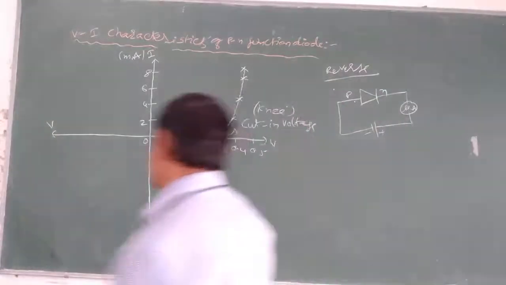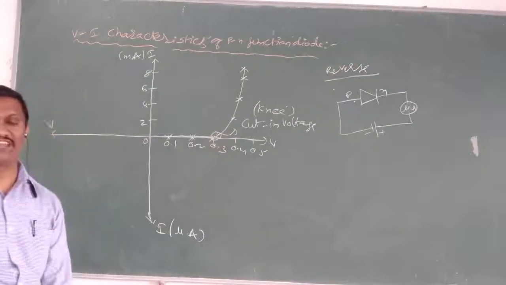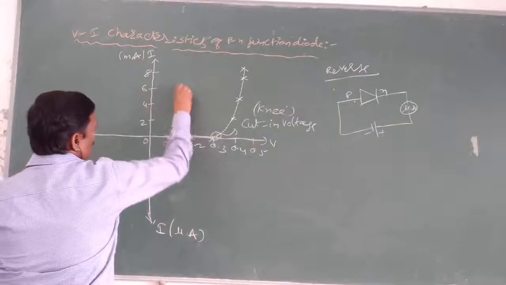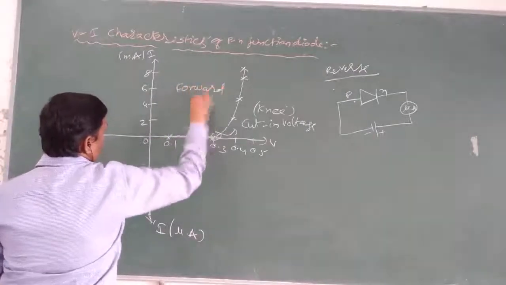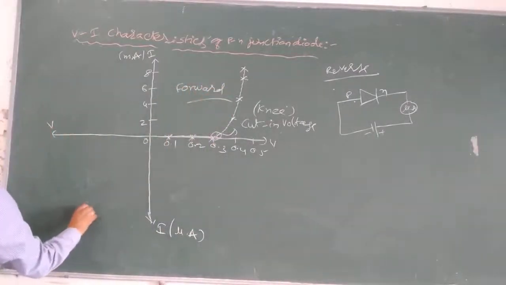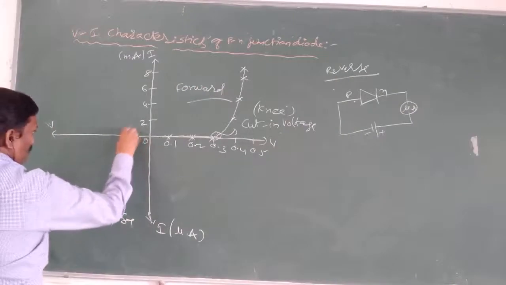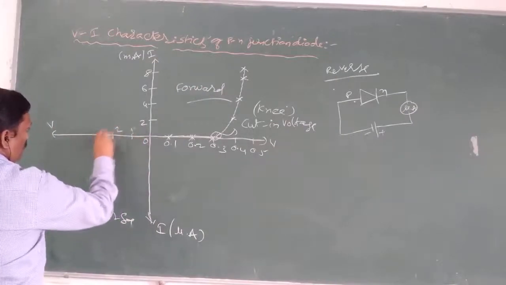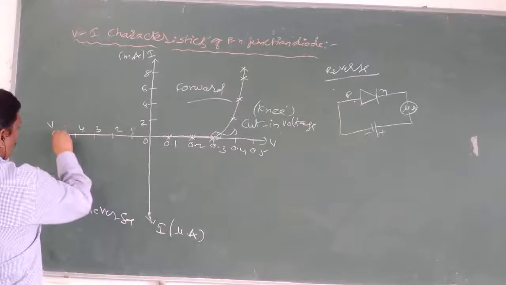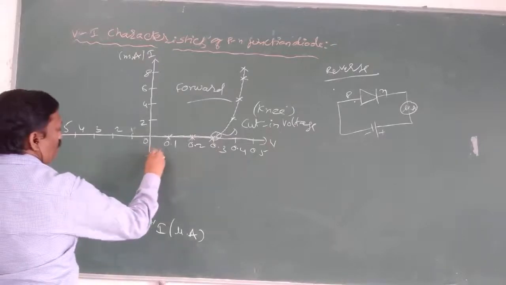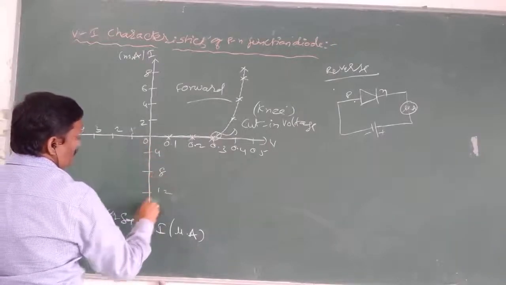In reverse bias, what about the scale on the negative x-axis? Forward bias characteristics are drawn in the first quadrant, and reverse bias characteristics in the third quadrant. The scale on the x-axis is 0 volts, 1 volt, 2 volts, 3, 4, 5, 6 up to 10 volts, and current in microamperes: 4 microamperes, 8, 12, 16, 20.